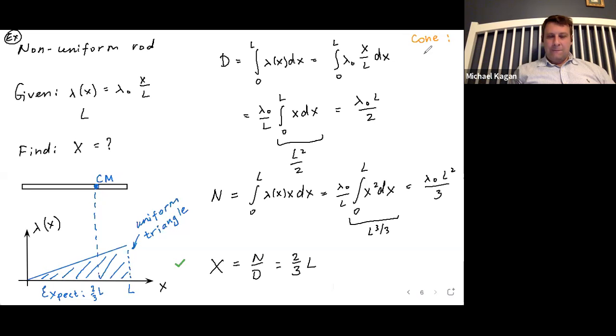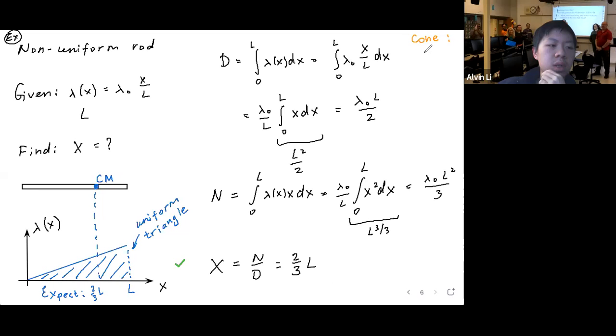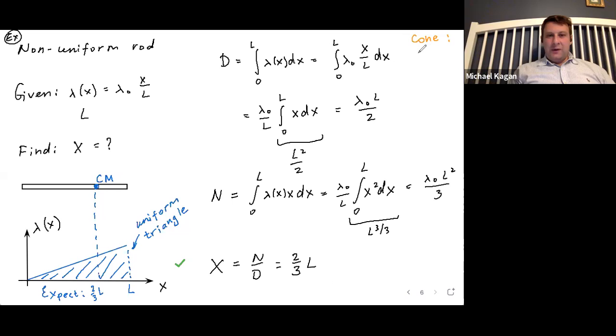Right, and then you integrate that over r. Well, don't integrate yet. Tell me what the density function lambda of x would look like. If you were to collapse that cone onto its axis, that would again become a rod, but a non-uniform one. What would the density look like?